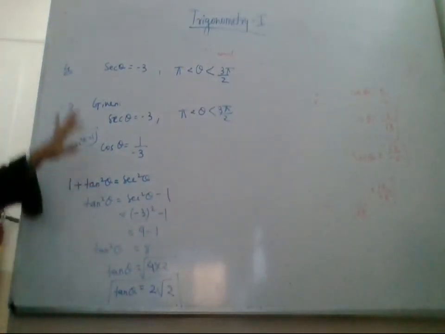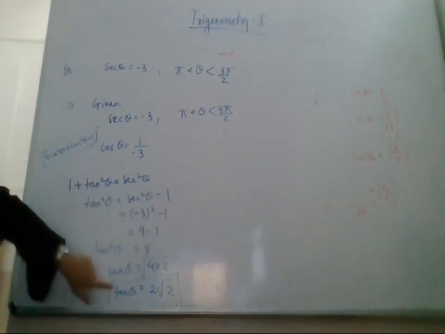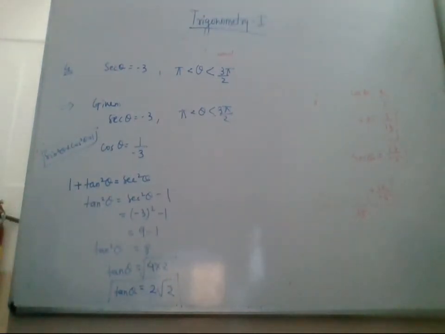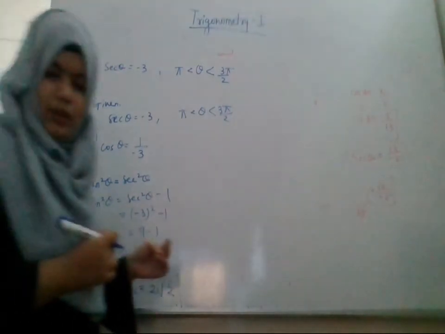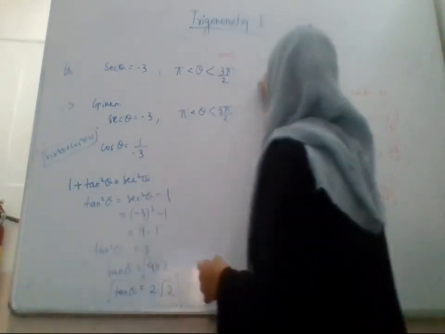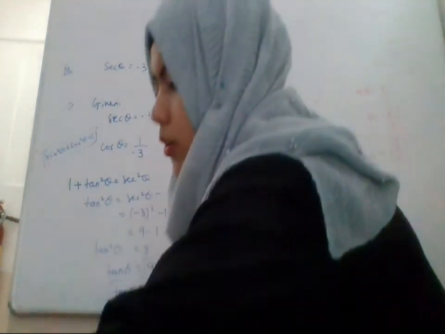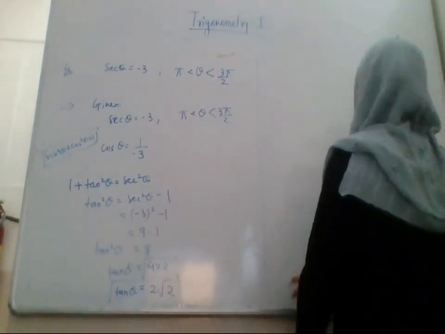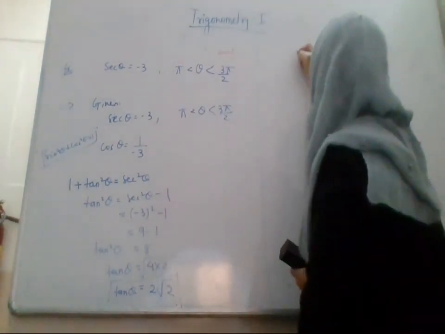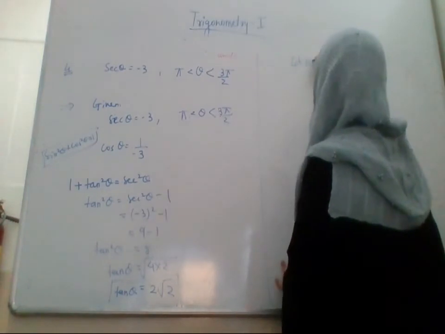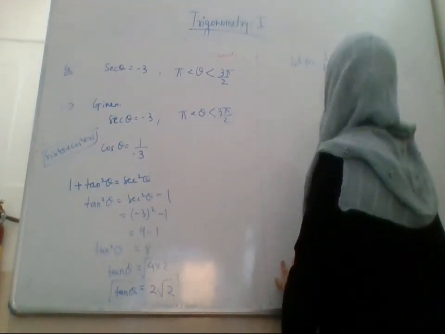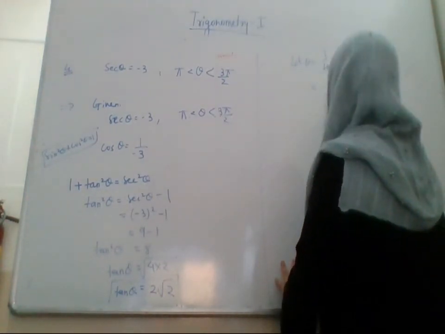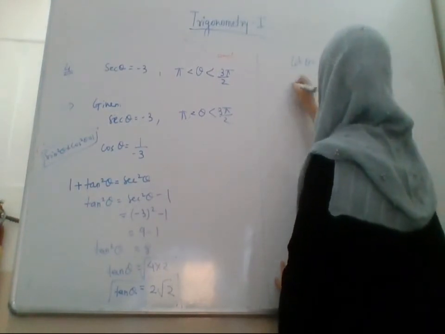So we have found cos, we have found tan. Okay. Then next, from tan you can find out cot. So cot theta is 1 upon tan theta, that is 1 upon 2 root 2.